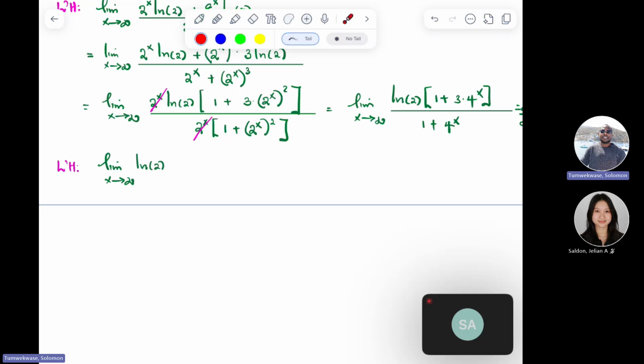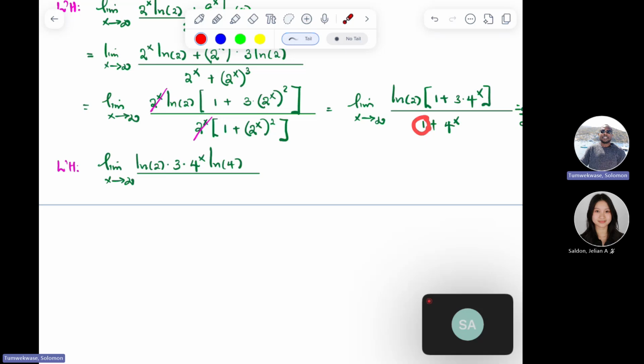Now, when I take the derivative of this guy, the derivative of 1 is 0, and when I take the derivative of this, I'll have 3 times, the same way we took the derivative of 2 to the x, this derivative will be 4 to the x, then times natural log of 4, then divide by the derivative of the denominator.